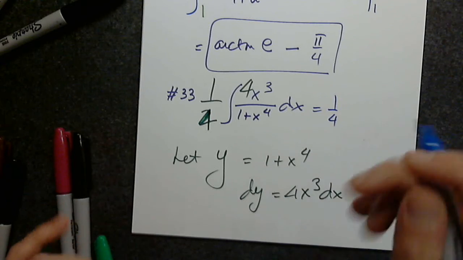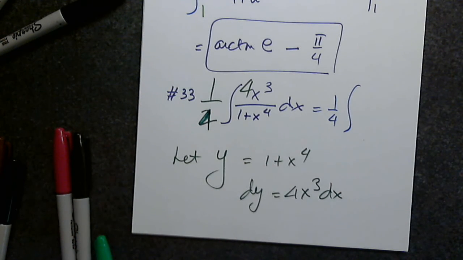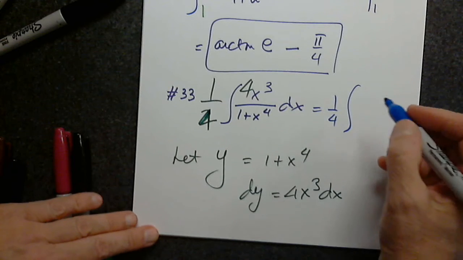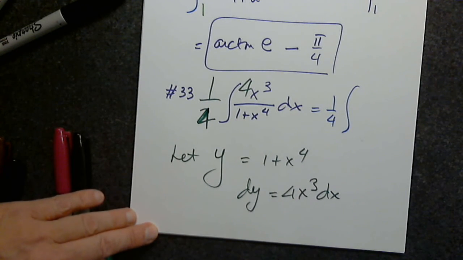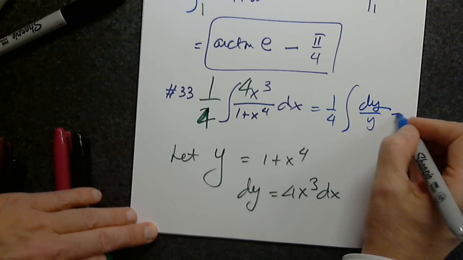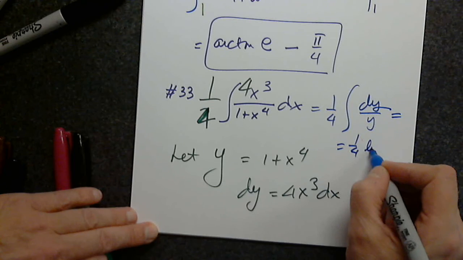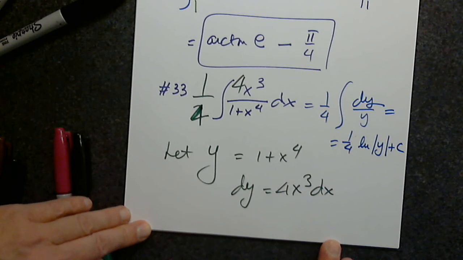So then this is 1/4, and the integral becomes... what do I write? Exactly. Which is 1/4 natural log of the absolute value of y plus a constant c. It's an indefinite integral.